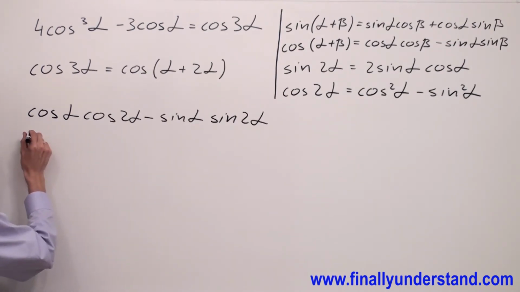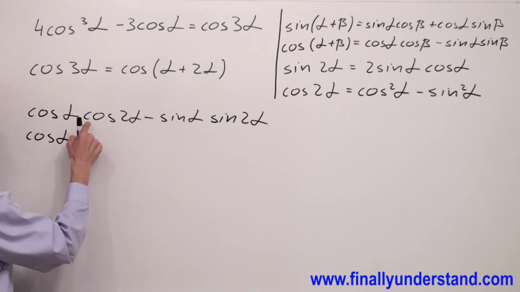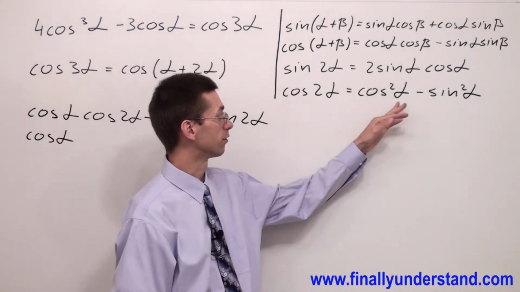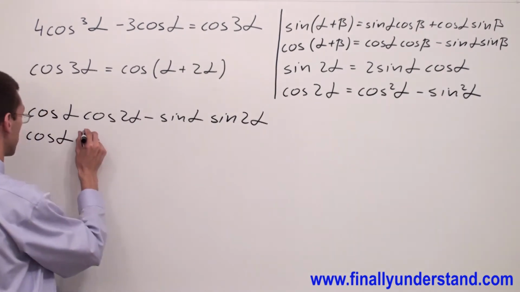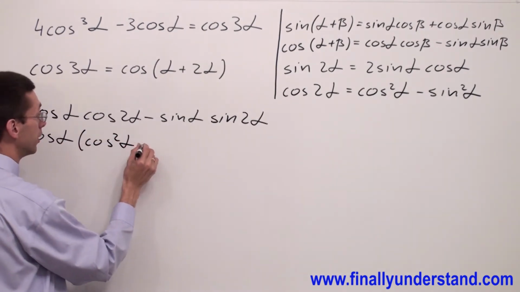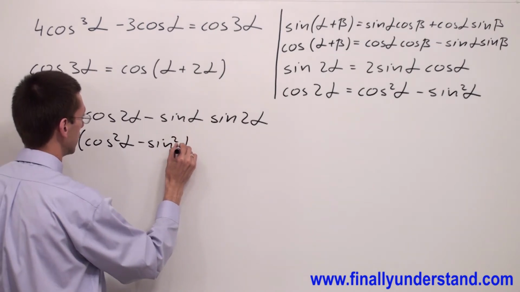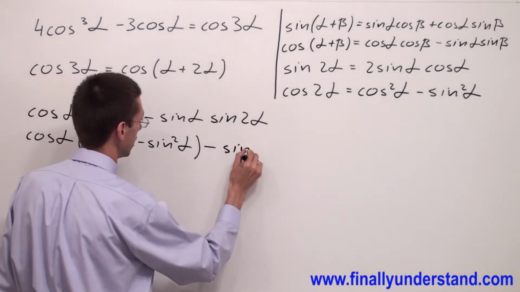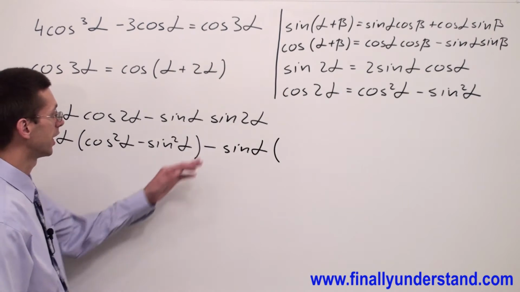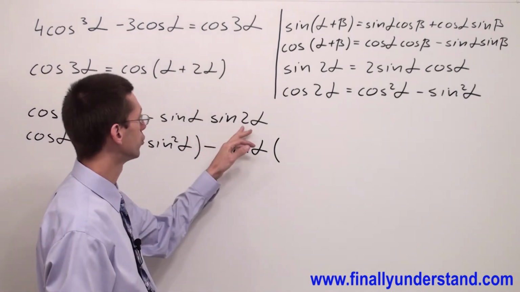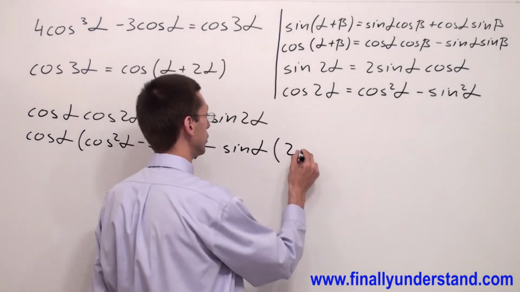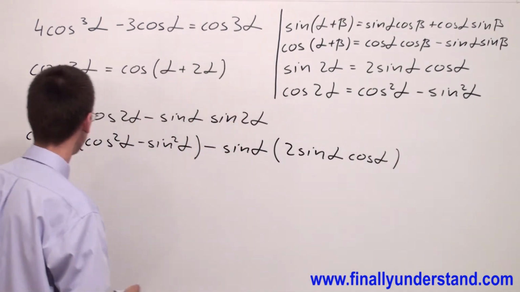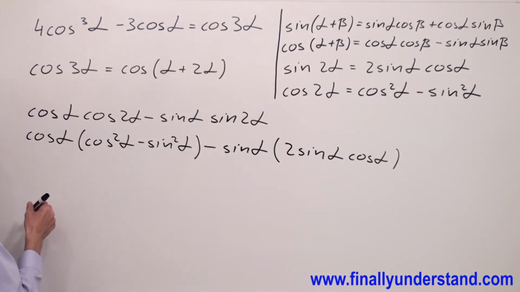So I'm going to write cosine alpha, and instead of cosine 2 alpha, I'm going to write cosine square alpha minus sine square alpha, minus sine alpha, and instead of sine 2 alpha, I'm going to write 2 sine alpha cosine alpha.